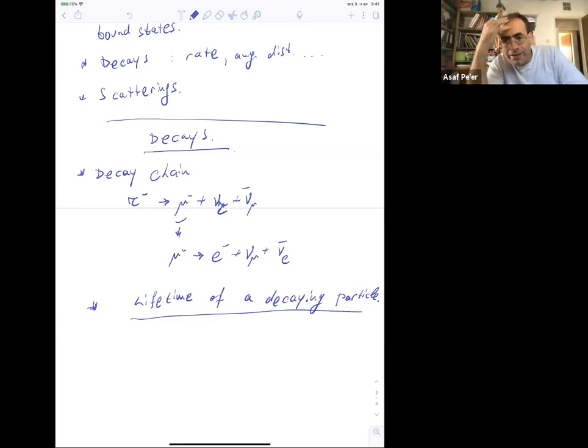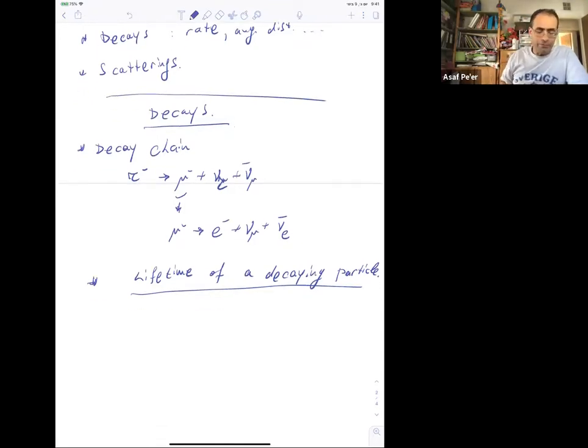What happens in practice is that we have some sample of particles of the same type, same flavor. And as time goes by, our sample gets smaller and smaller because particles in the sample decay. So let's assume we have a sample of N0 particles that can decay.